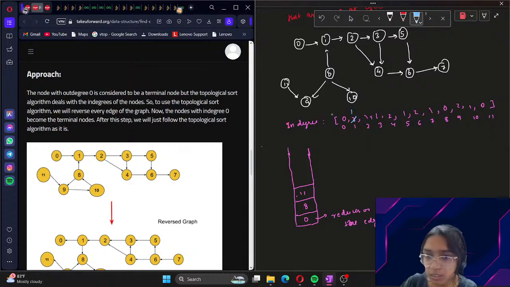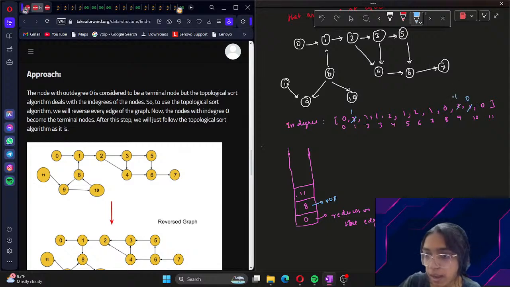And then we still don't have any node with in-degree 0 which is not pushed into the queue, so we go to the next element and pop it out. While popping, we repeat the same thing. The outgoing edges from 8 are to 9 and 10.